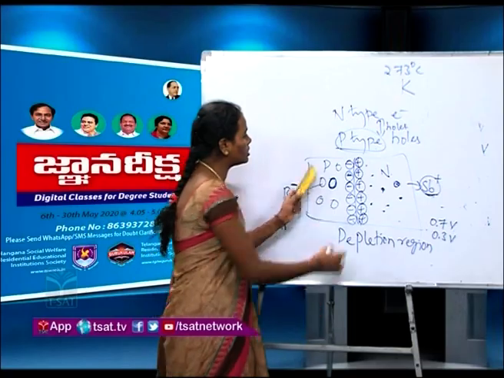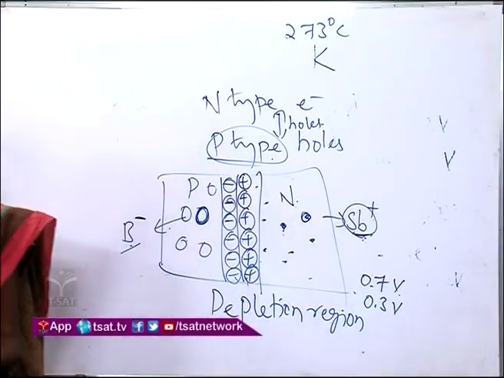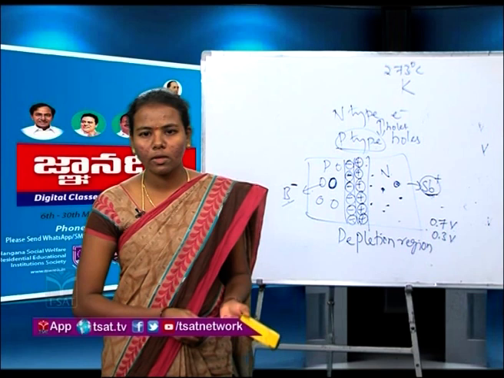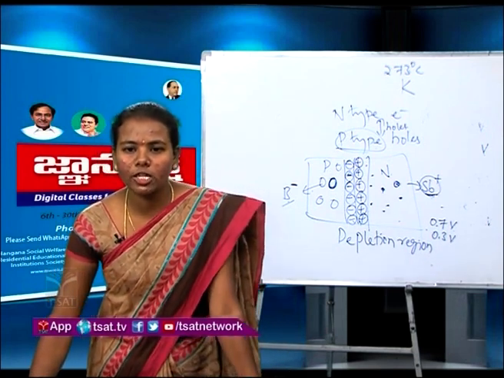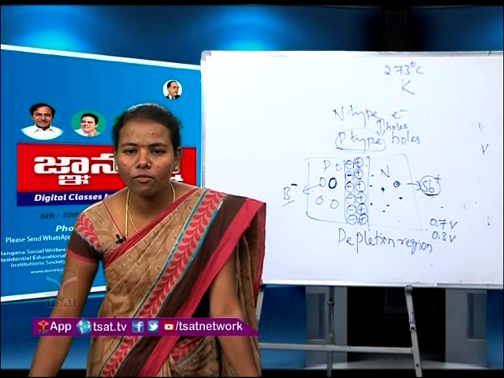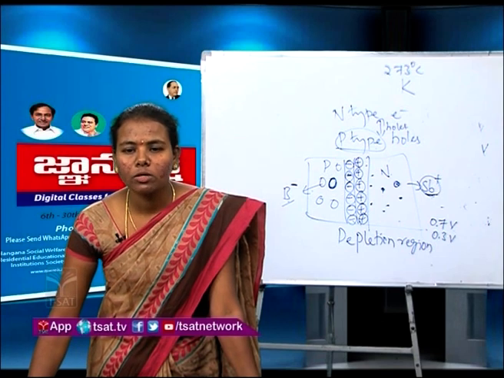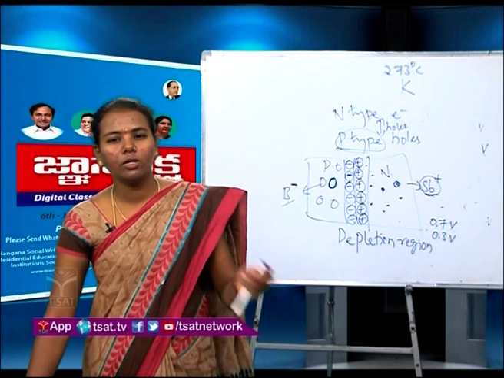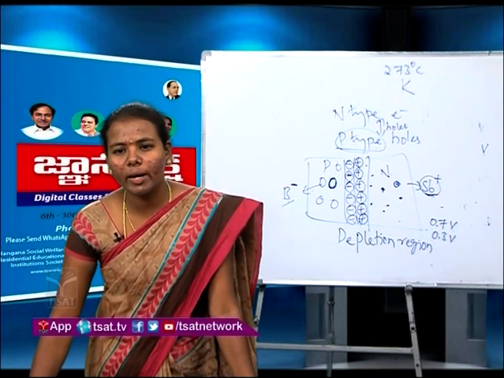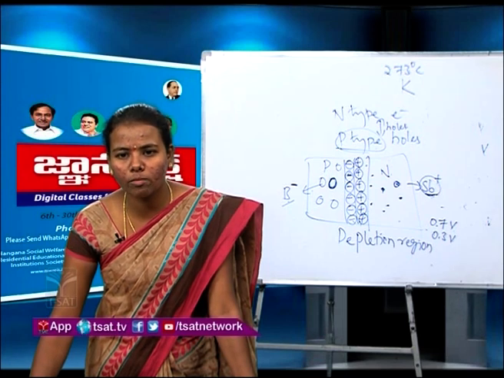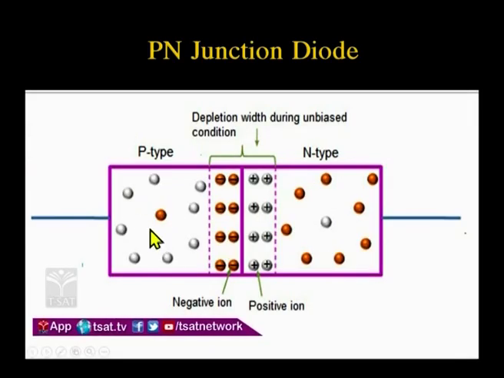As you can see in the slide, ions are formed at the junction, right? The negative ions are formed at the p type and positive ions are formed at the n type. Positive ions are due to electrons leaving the parent atom, that is why positive ions are formed here, and the p type material is accepting the electrons, that is why negative ions are formed.